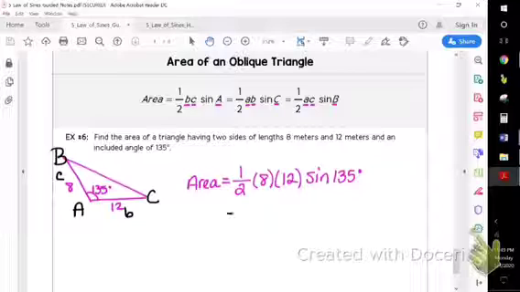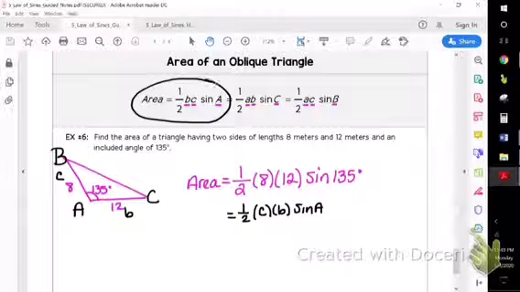So it looks like we have the formula for 1/2 C times B times sine of angle A. And so you can see that's actually the first formula that was there, okay? Now if I'd have labeled my angles different, I'd have just had a different formula, but the pattern is still the same. And remember, the formula that I circled is B times C. We had C times B, but order doesn't matter in multiplication.